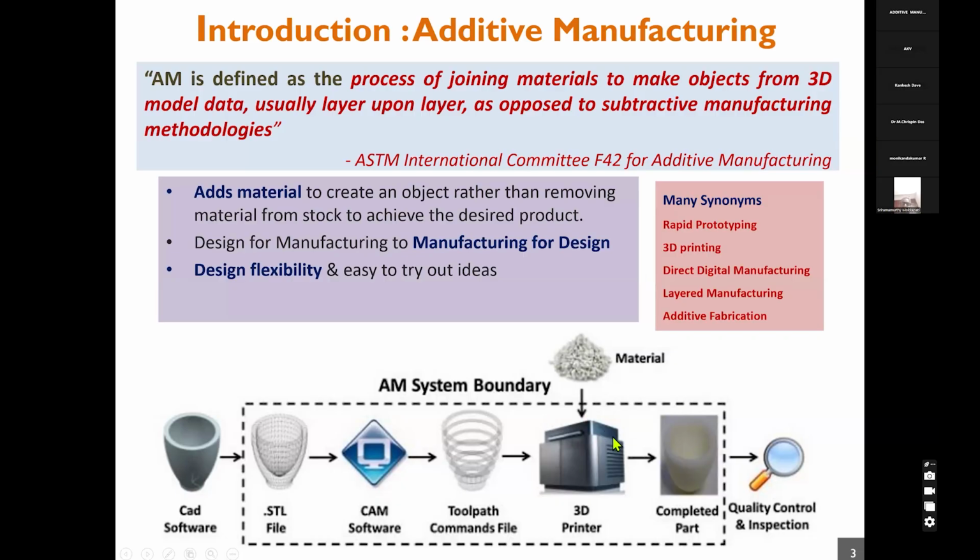And after that, using the 3D printer and the material as a feedstock, with the toolpath command file as the input, we can 3D print the part layer upon layer. And once it is subjected to complete quality control and inspection, we can induct the part into the program.